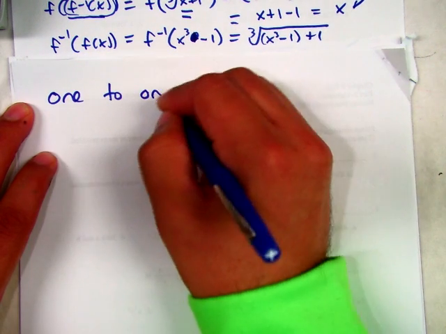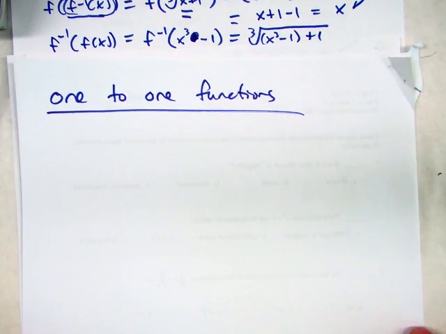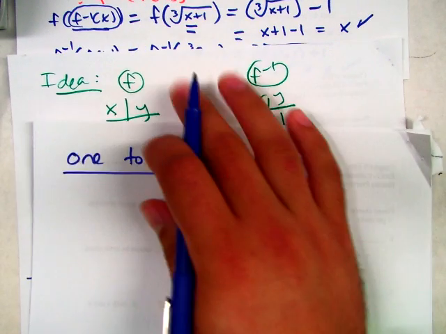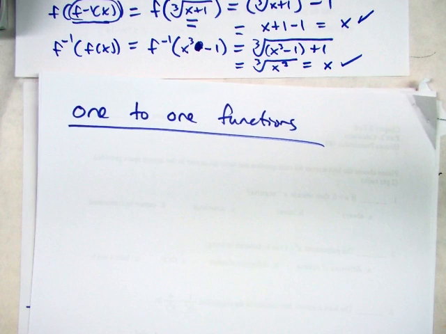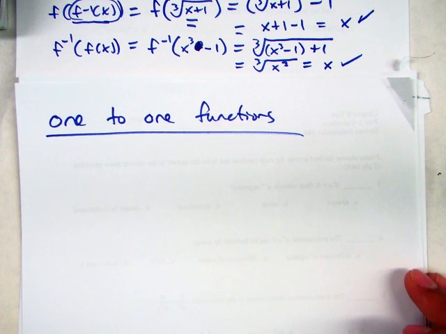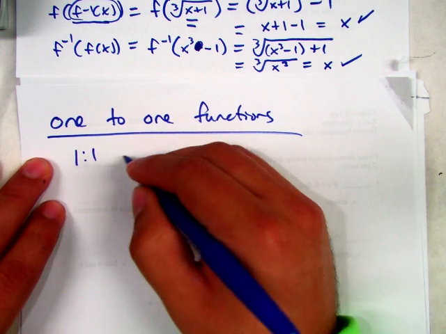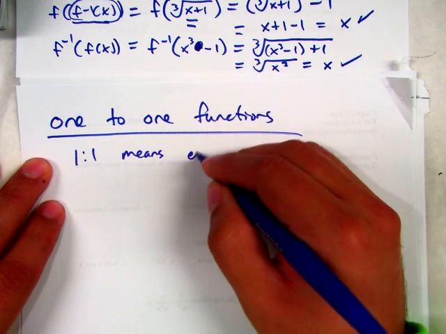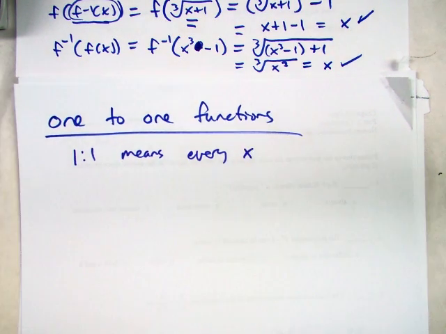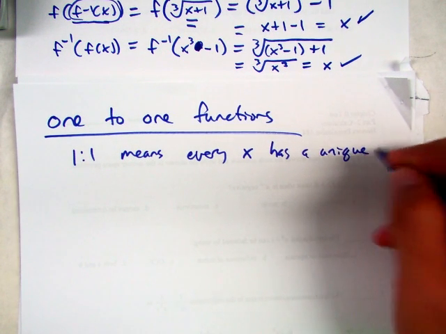One-to-one functions. So, one-to-one means every x has a unique, do you guys know what unique means?